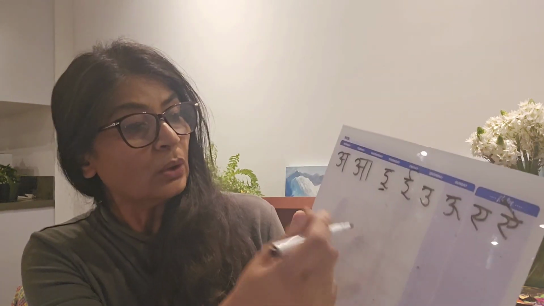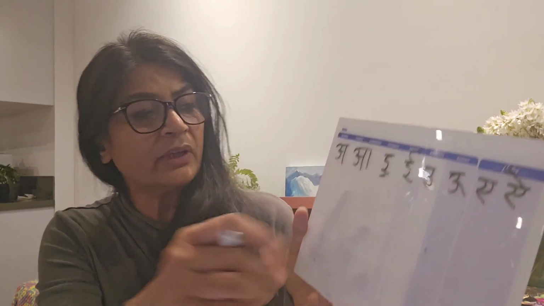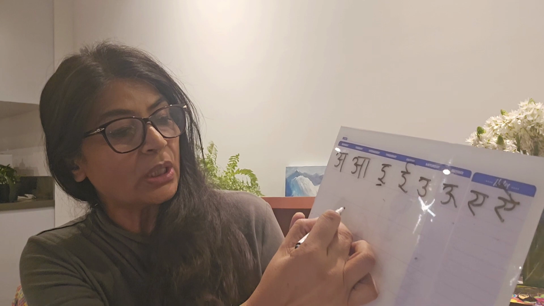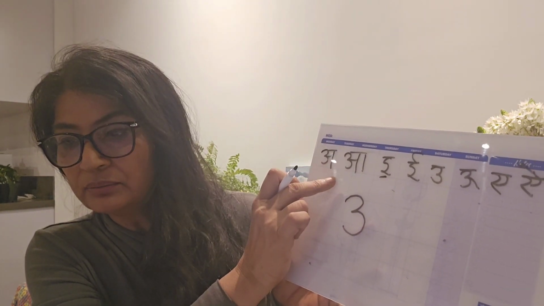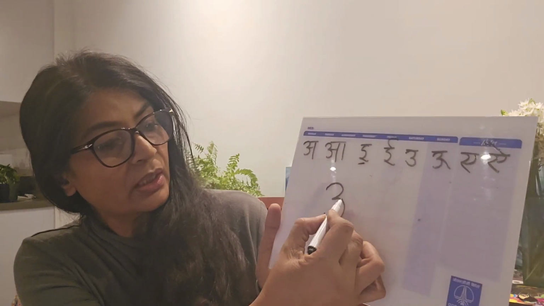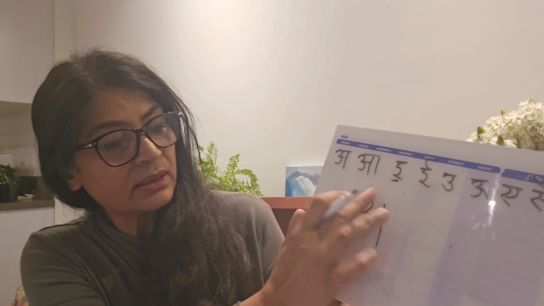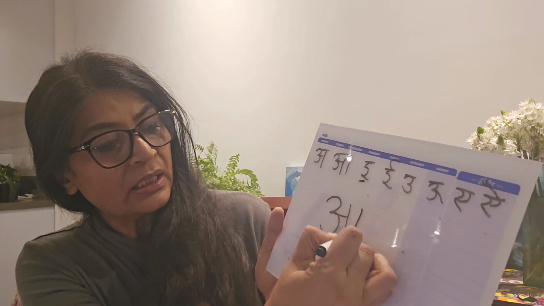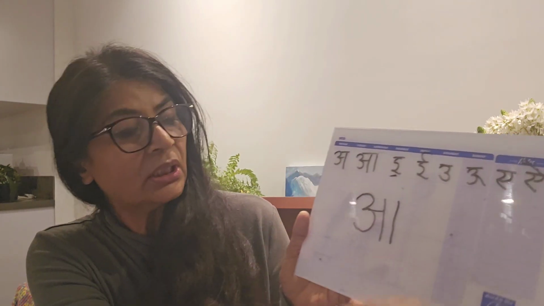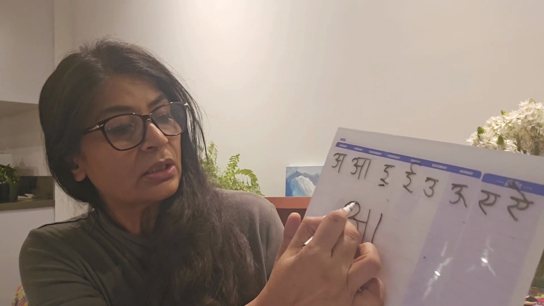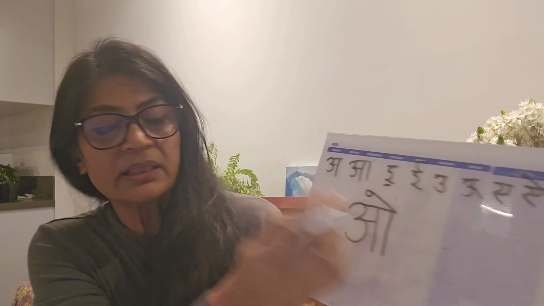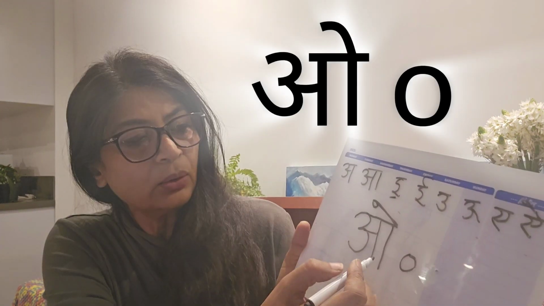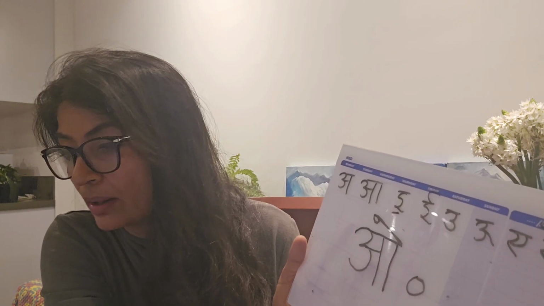Okay. Now, the rest are very, very easy. Why? I'll tell you. Because this is the same as A. Yeah. This is A, remember? This is A, remember? Now we want to write O. Okay? So first we will write A, and if we make this, it becomes O. Now the next one is O. Correct.